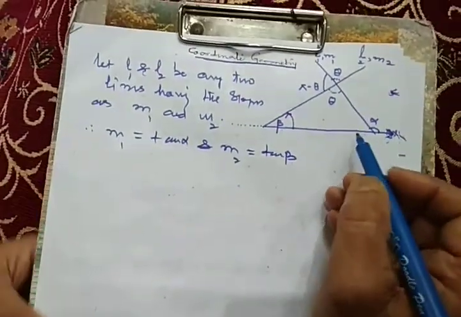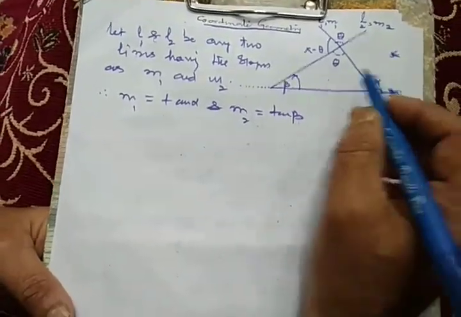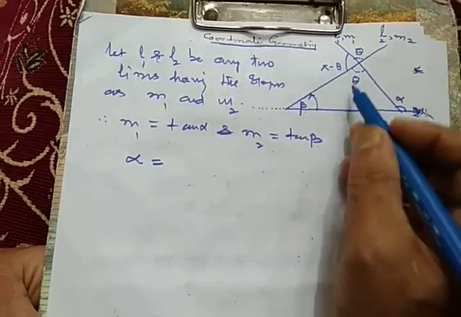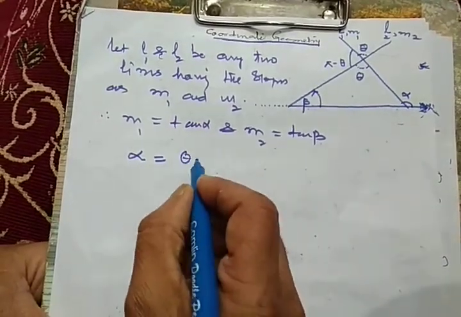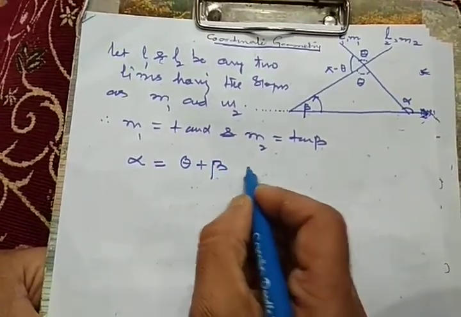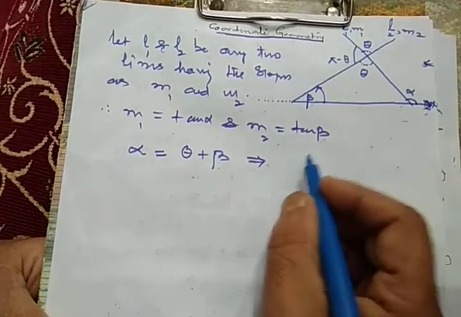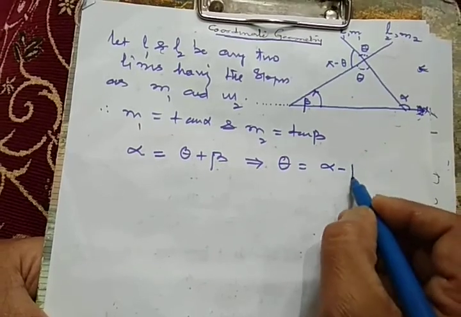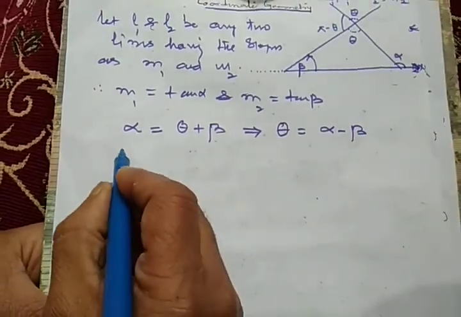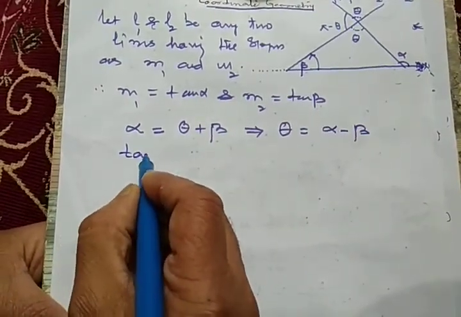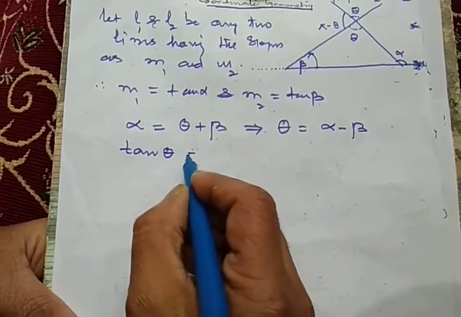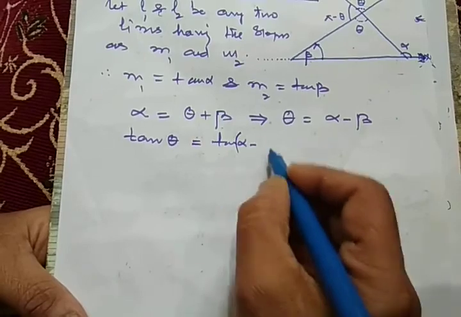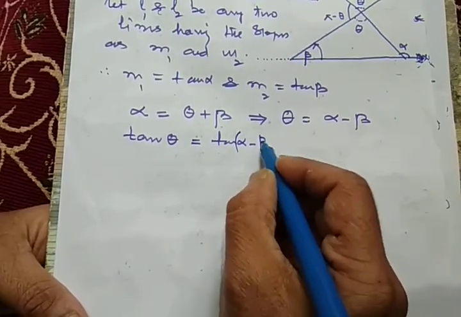Now you can see that alpha is the exterior angle of this triangle. Therefore, alpha will be equal to the sum of the interior opposite angles, so theta plus beta. This implies that theta is equal to alpha minus beta. If we apply tan on both sides, tan of theta will be tangent of alpha minus beta.